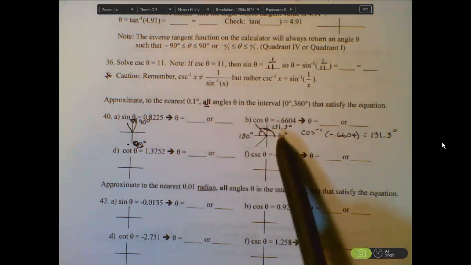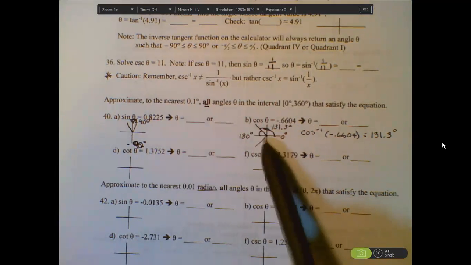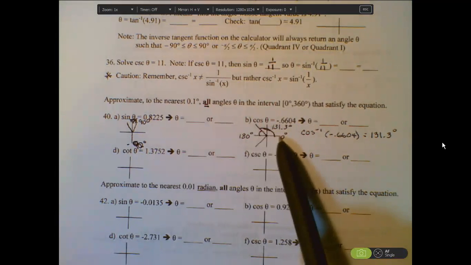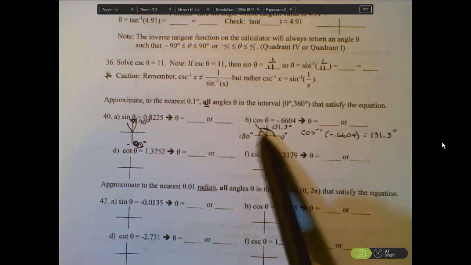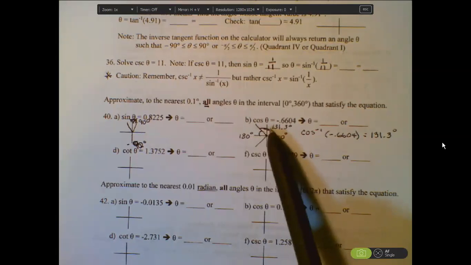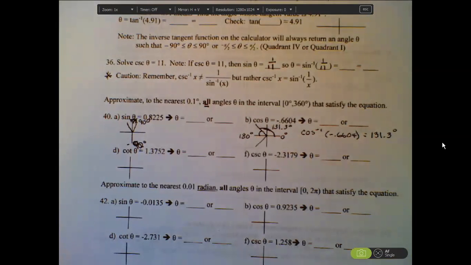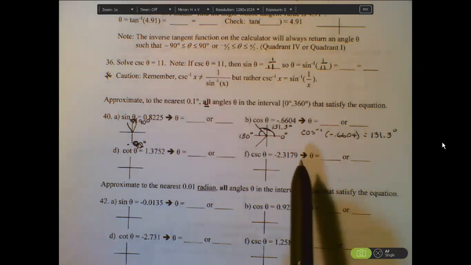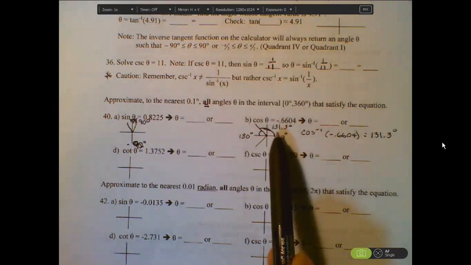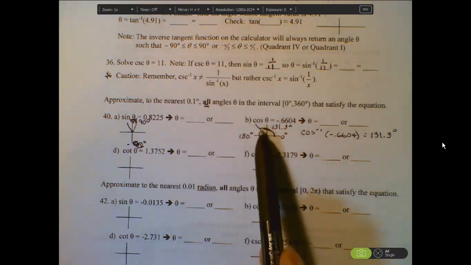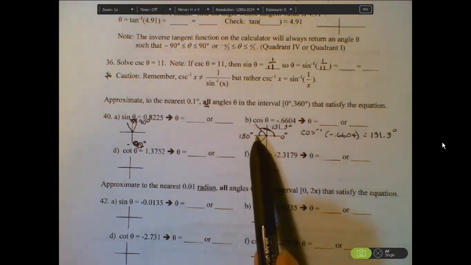I'm saying 131 degrees, but let's just say, to make the math easy, 130 degrees. How many degrees shy of being to the x-axis is that? How many more degrees would I need to get to the x-axis? 50. Yeah, if that was 130 to right here, I'd need another 50 to get to the x-axis.